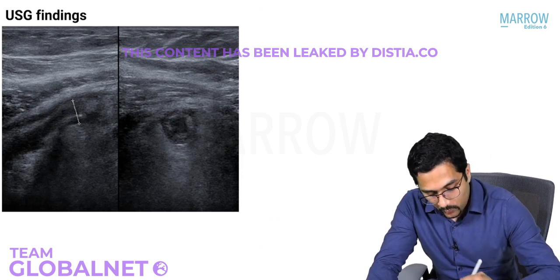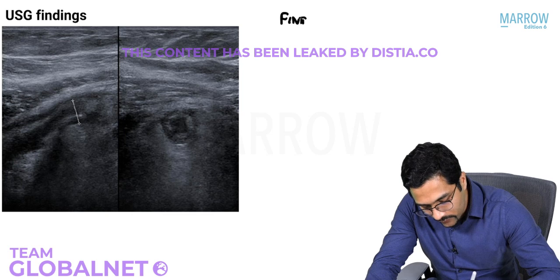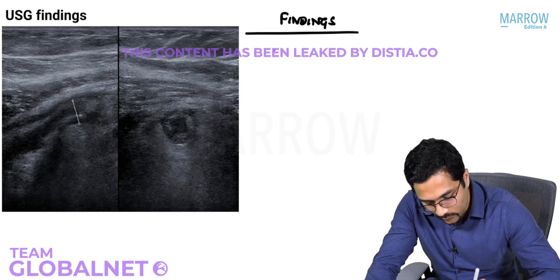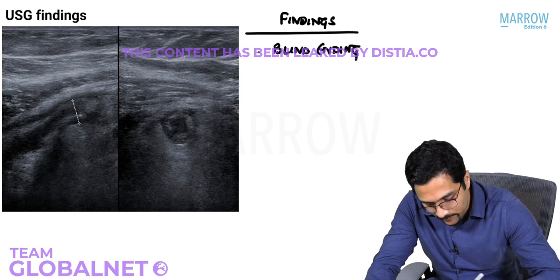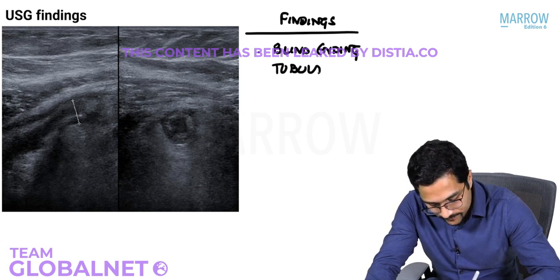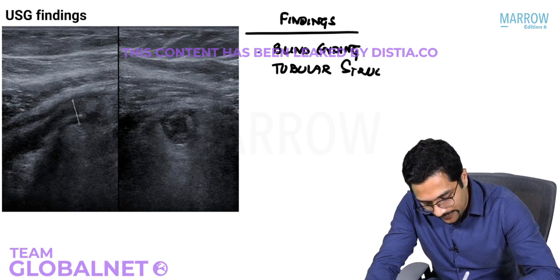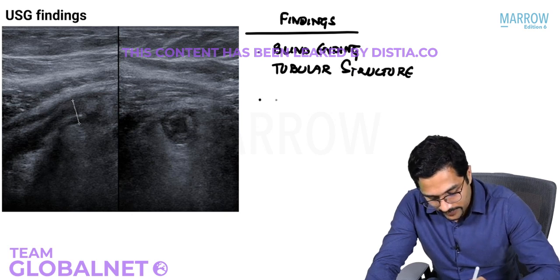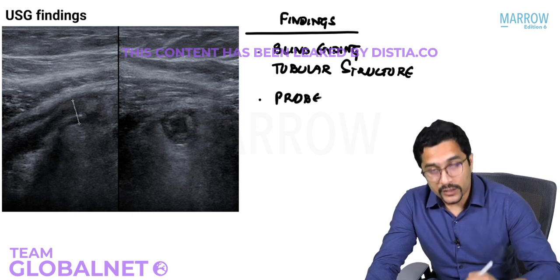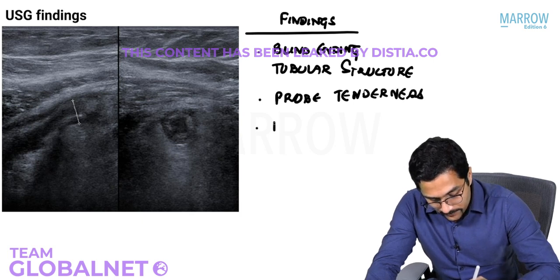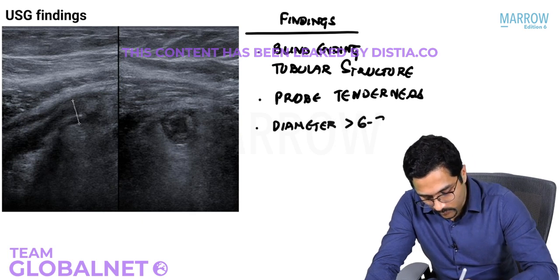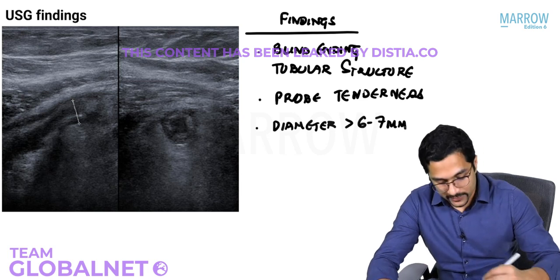Now, what exactly do we see on the ultrasound? What are the findings which are suggestive of acute appendicitis? The findings are going to be a blind ending tubular structure. There will be probe tenderness. When the radiologist presses on that area, the patient will complain of pain. The diameter is more than 6 to 7 millimeters.